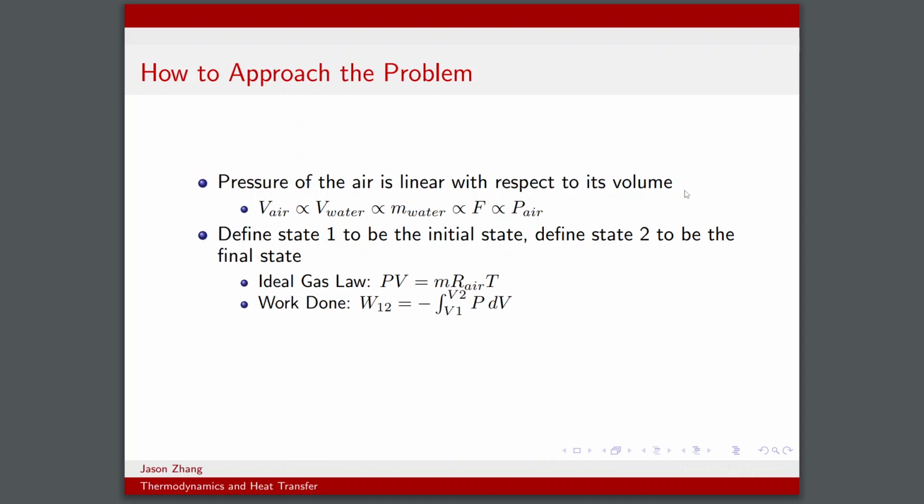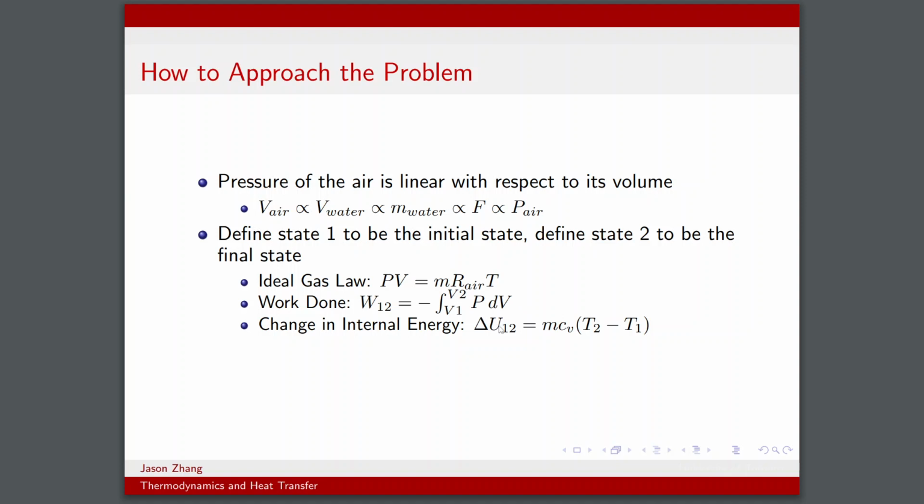Some useful equations we want to use for this question include the ideal gas law, obviously, rewritten in terms of mass instead of number of moles, and replacing the gas constant with that of air. We want to use the work equation for the amount of work done by the gas. So that would be equal to minus integral PdV from the initial volume to the final volume.